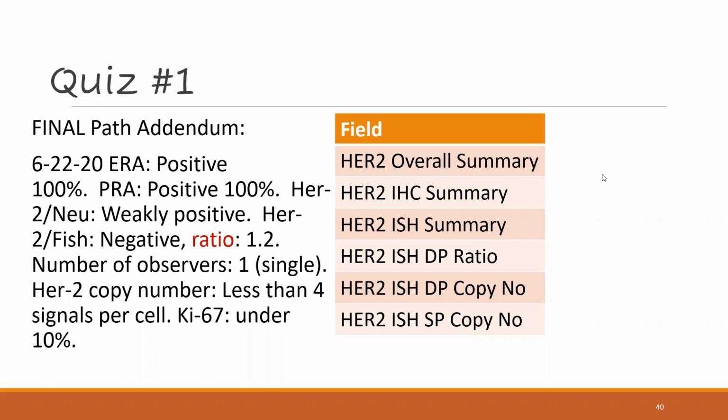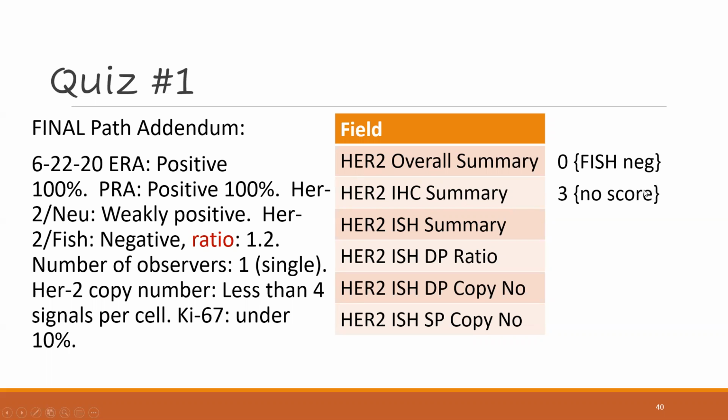HER2, the overall summary. So this takes into account the FISH, and the FISH was negative. So the overall HER2 summary is 0. The HER2 IHC, the HER2 immunohistochemical summary, there was no score given, but it was stated as positive.